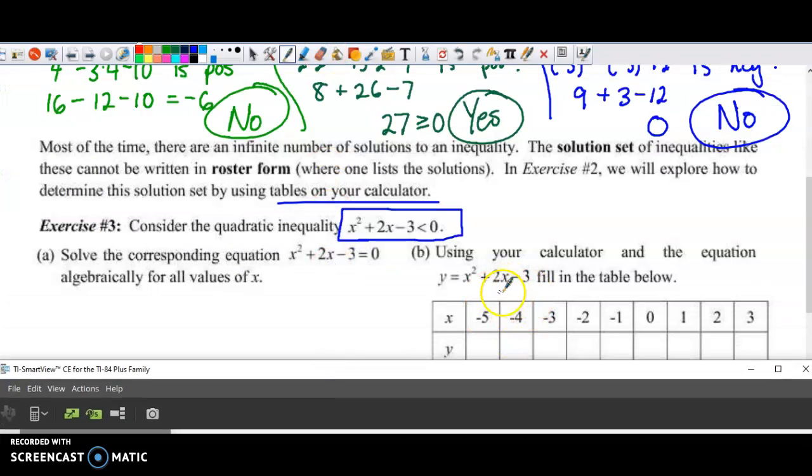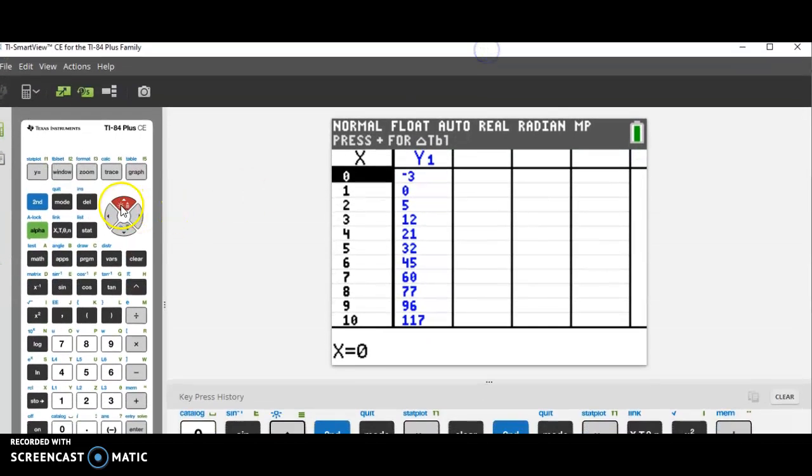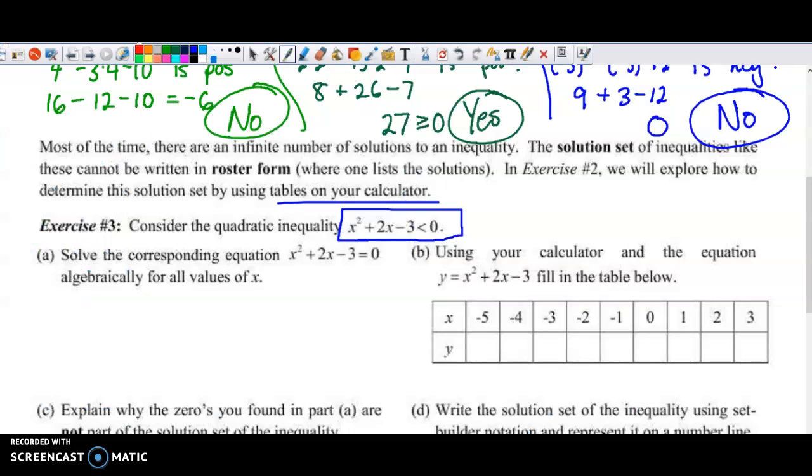Now notice, if we look at the table, they go from -5 all the way to 3. So I need to scroll up till I get to -5 for x, and I can see 12, 5, 0, -3. I think it's -4 next, and then it comes back. 0, 5, and 12.